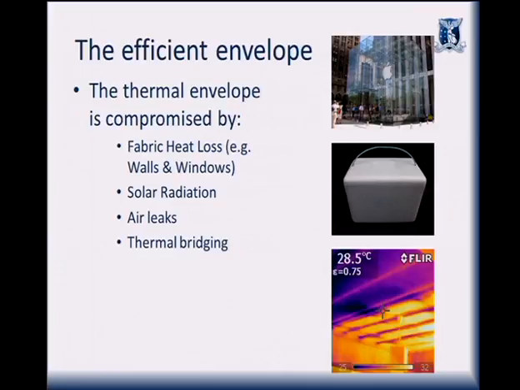So it's fairly well proven that this sort of stuff is a problem. And what's nice about this, if you've got a little bit of a physics mind or a mathematical mind, is that it's very linear. So heat loss is very linear through fabric, so it's actually very easy to calculate. The problem is the dynamic nature of the external environment and the internal environment. That's more of a problem.